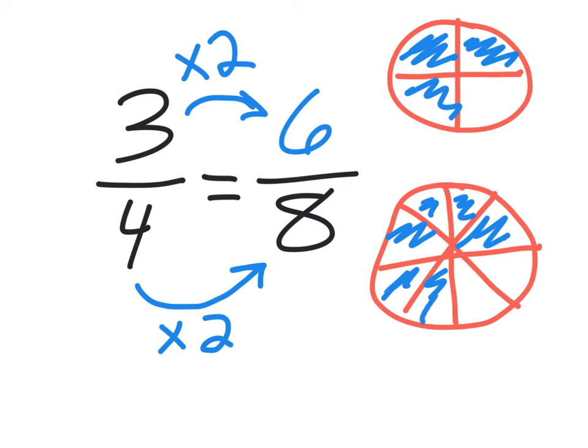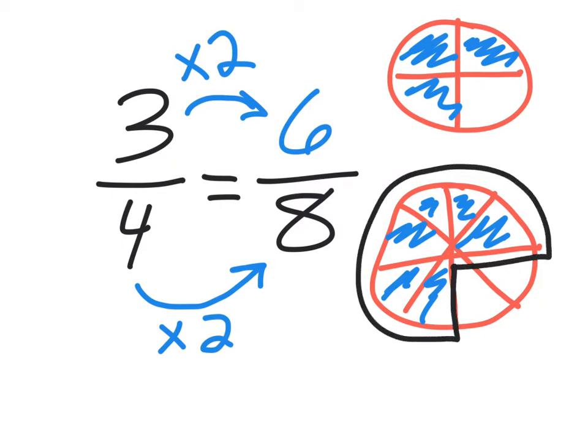Pretending we have the exact same size pizza, we can see this represents the same amount as this up here. 3/4 and 6/8 are the exact same amount of pizza, therefore they are what's called equivalent fractions.